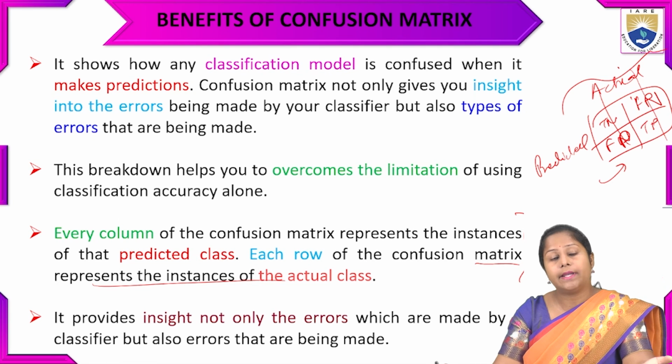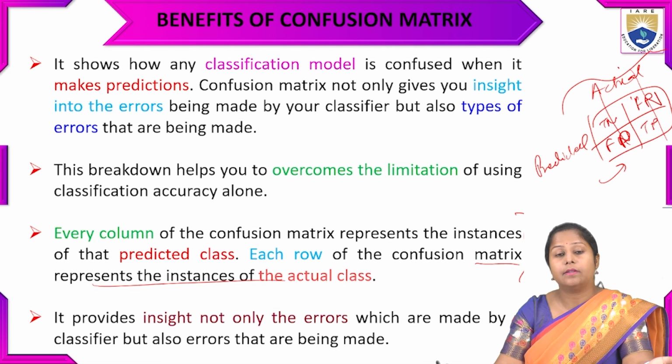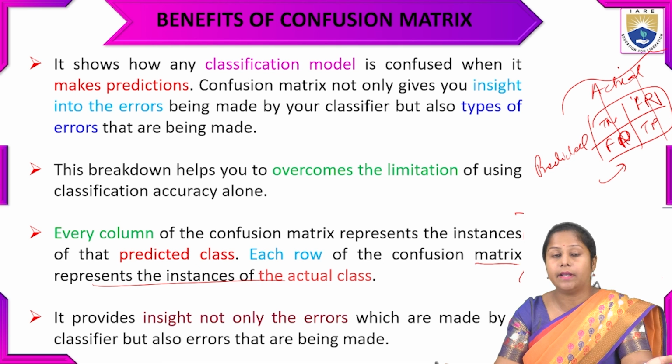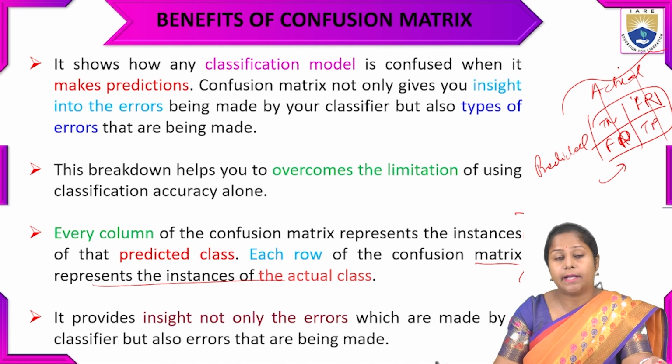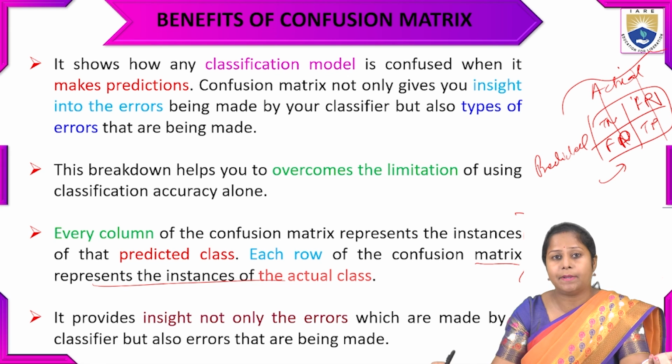We can see how many times errors are made by the classifier: in the actual data set, how many patients there are, and how wrongly the classifier predicted those 8 patients. That is how we can read it. So that is a benefit of the confusion matrix.